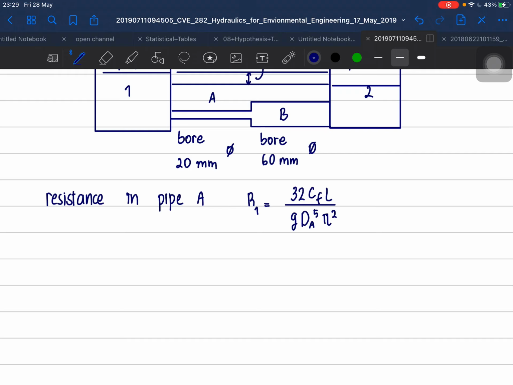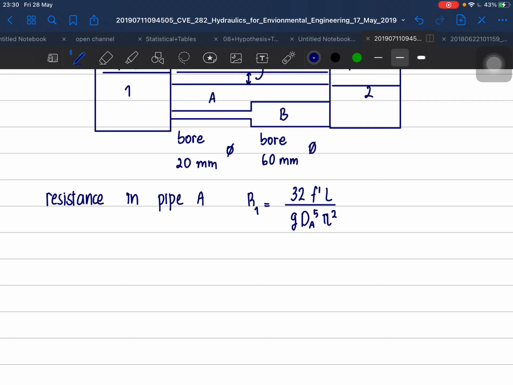Okay, so let me check this one. Yes, it's 32 F prime L, and then there's the Q here, right? So imagine there's no Q here yet. F prime is the friction factor. Should I just write what I have written in the paper so that you won't get confused? Okay, F prime.